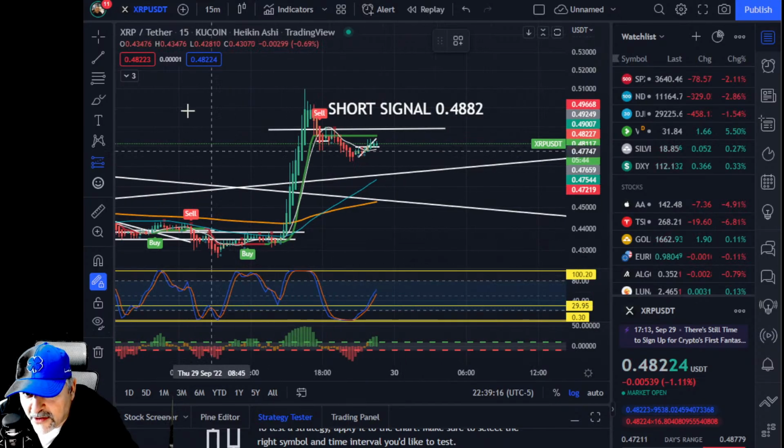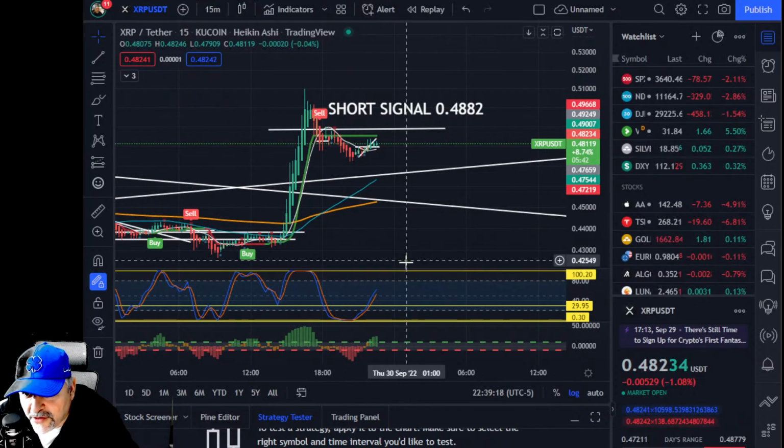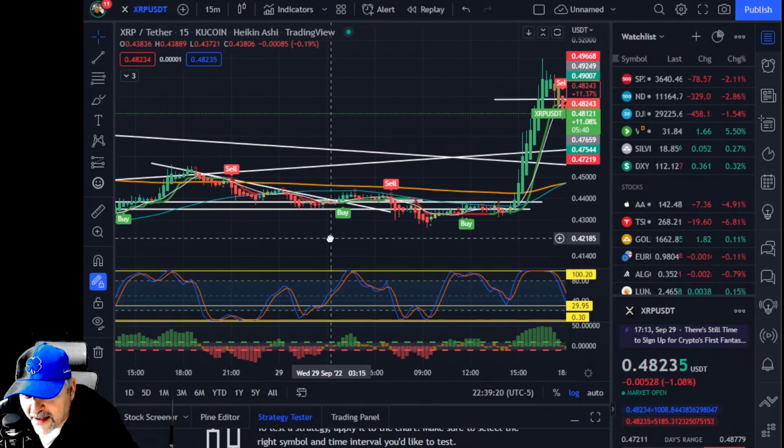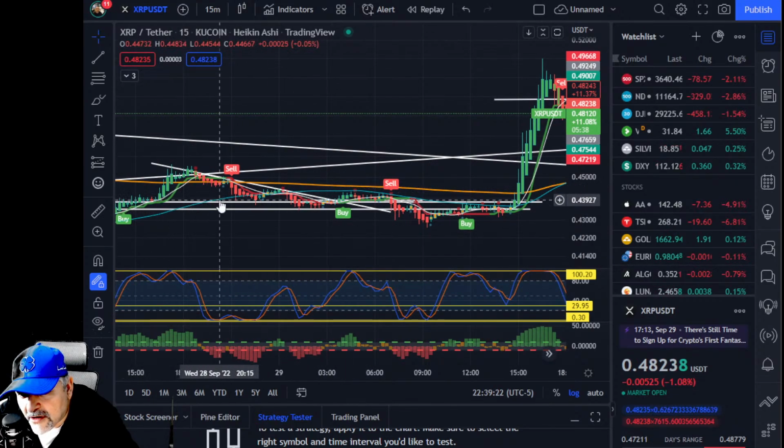Now, as we come along, I just want to show you the difference between buys and not buys, right? So as we're coming along here, the RSI is already at the bottom, and we get a sell signal, and the RSI is at the bottom, and we got a trend change. So this is not a bad situation to get in on a short.